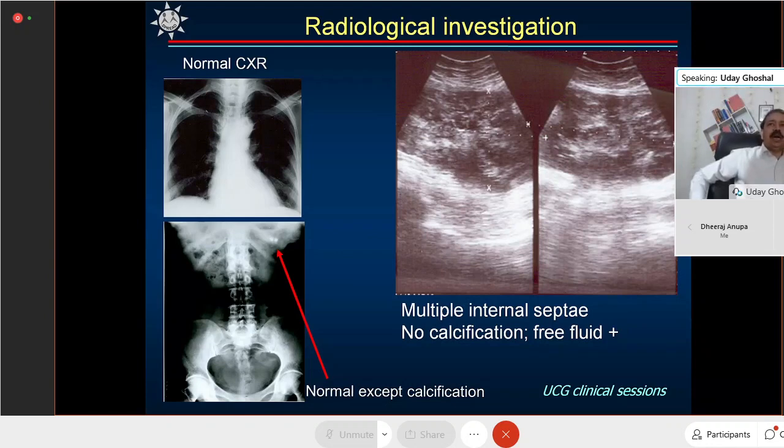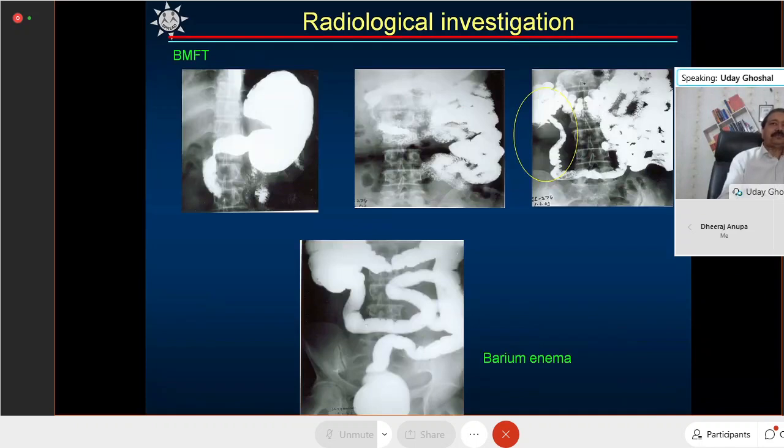So this is the ultrasound. The ultrasound showed that there is a lump in the right iliac fossa, which had multiple internal septa, no calcification, free fluid present. Somebody did a barium meal follow through outside, and what you see here, yes, this is the iliac bone. Now look at this, appendix is quite shifted upward.